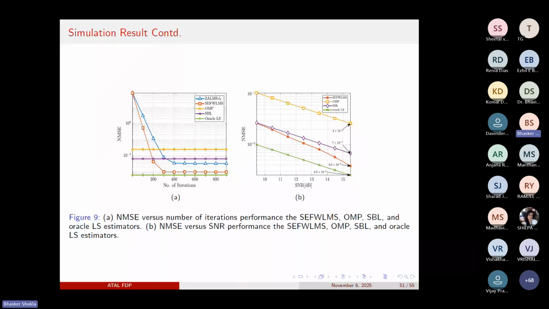Here we can see that SEFW LMS and all the existing algorithms follow the same pattern: if we increase the SNR, the mean square error decreases. But the proposed SEFW algorithm has a lower error than the other existing algorithms and is close to the benchmark, the Oracle least square.